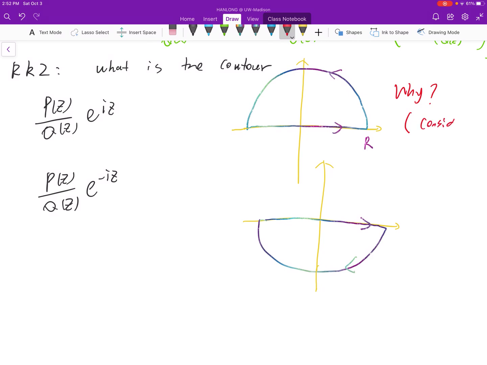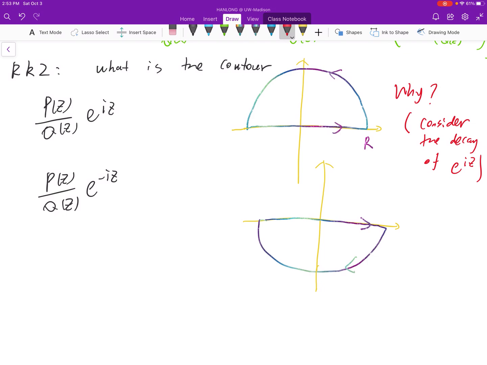Consider the decay of exponential i z. Actually, the decay is subtle here. We haven't talked about the degree assumption, but at least if you consider the contour in the lower half plane, then exponential i z goes to infinity, because i times negative i times y is exponential y.